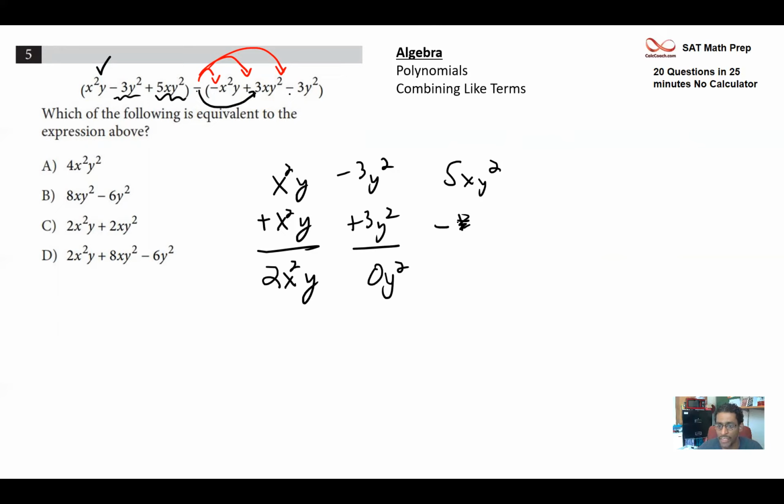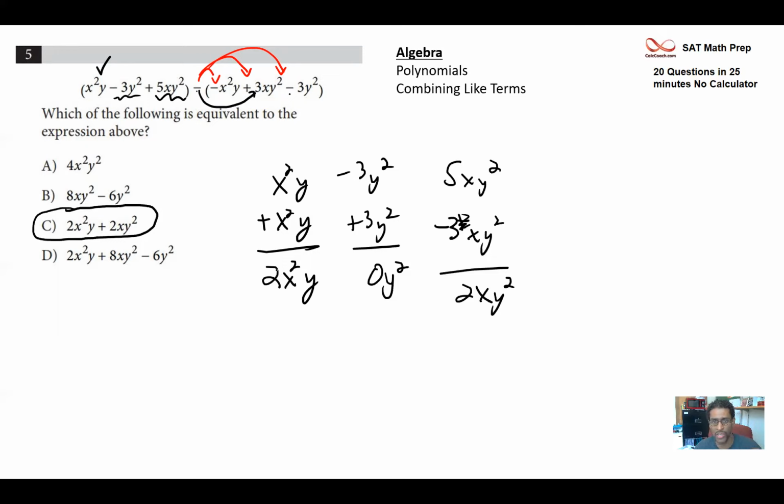So minus 3xy squared. So we have 2xy squared. 2x squared y plus 2xy squared. Combining like terms, even though there's multiple variables, don't let that bother you. They have to match for you to be able to combine them together.